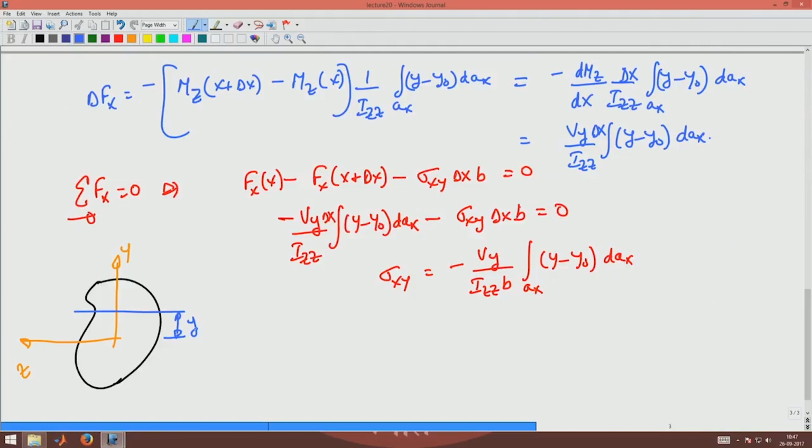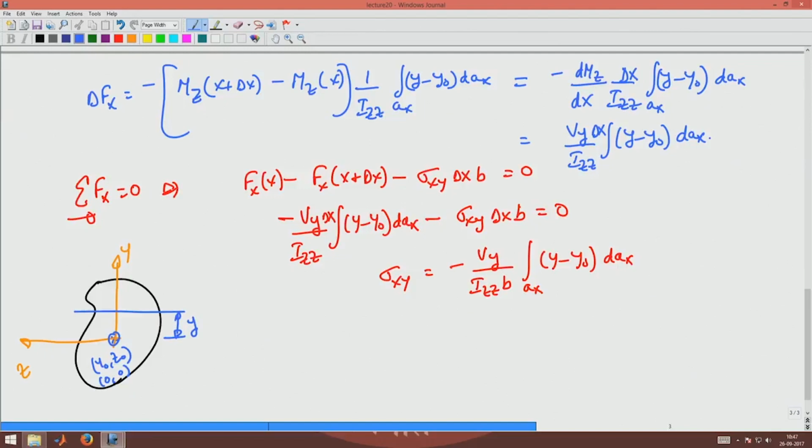And y naught is the location of the neutral axis, which I am taking as the origin, so y naught comma z naught will be 0 comma 0.